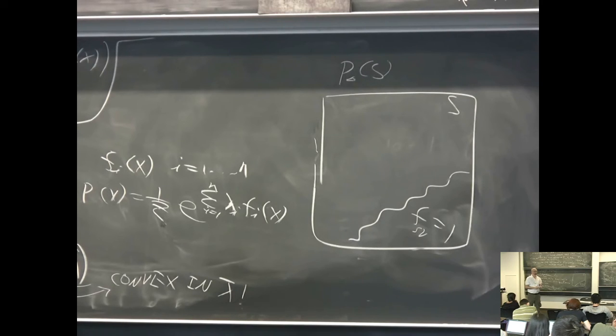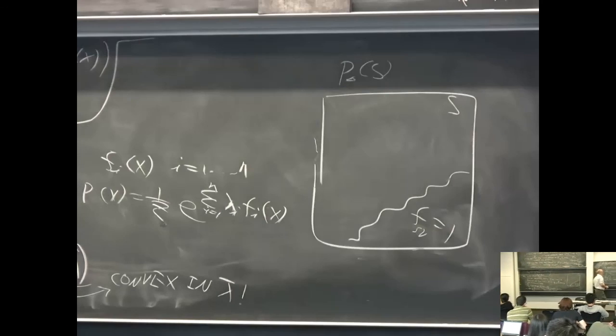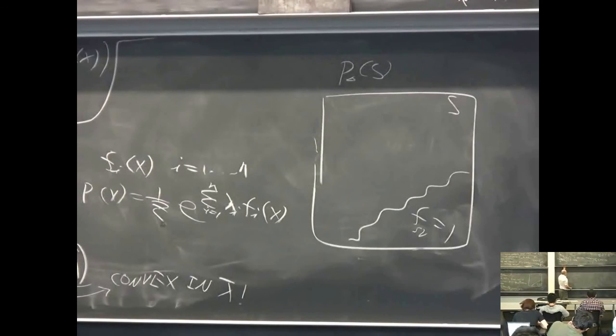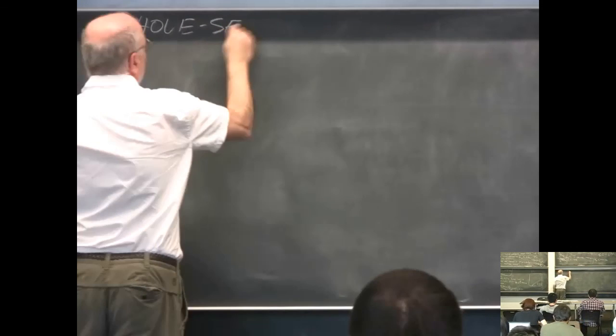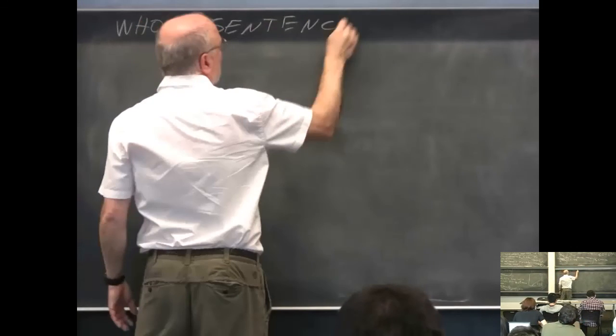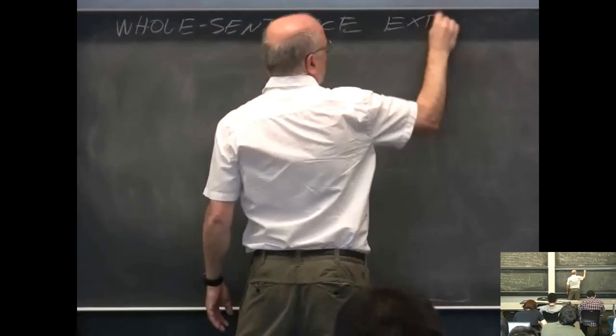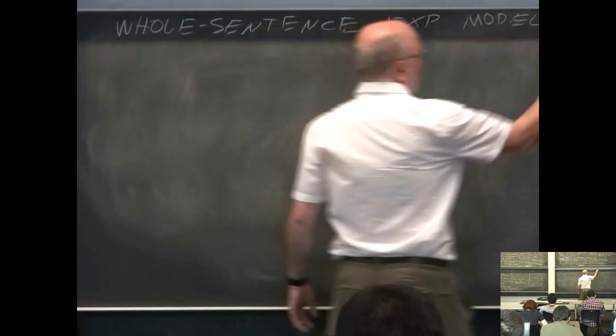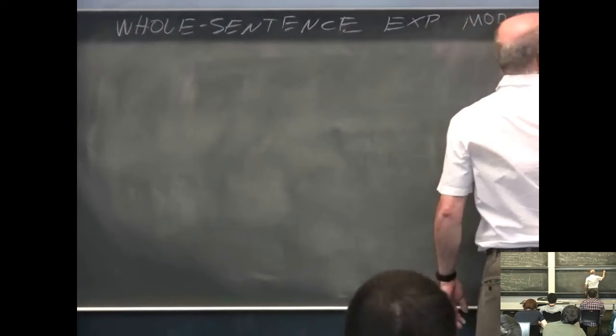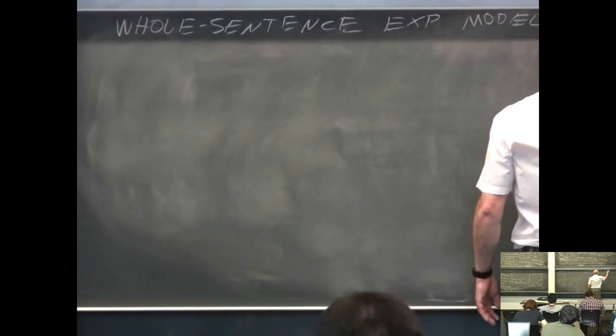You can also start, instead of starting from P sub 0, from scratch, from the uniform distribution. So let's do that and just see what the whole sentence exponential model looks like. Whole sentence exponential model, also known as whole sentence maximum entropy model.